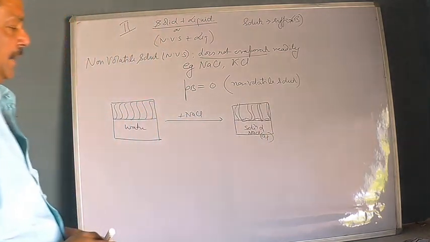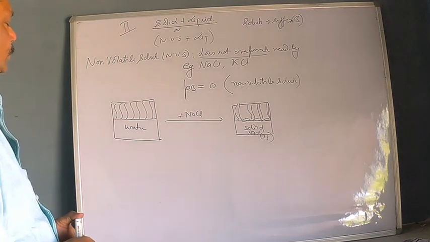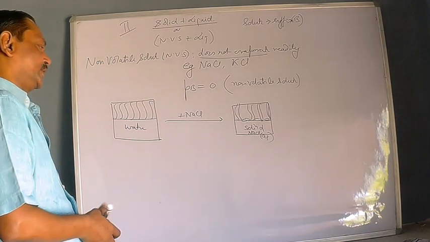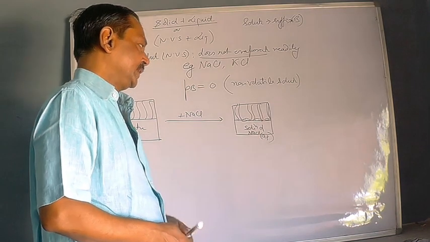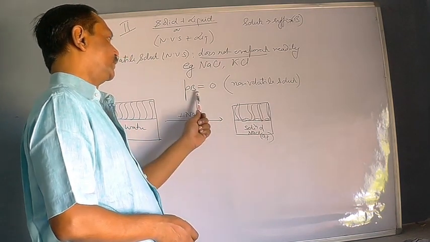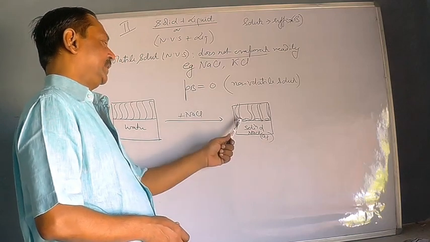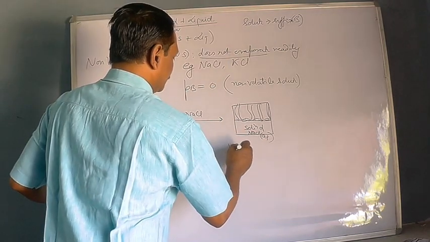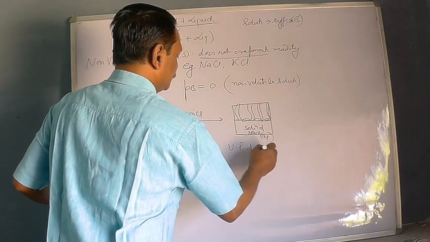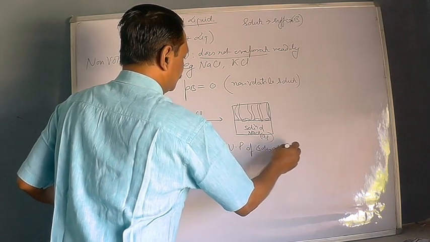So class, I repeat again, if we add a non-volatile solute to any given liquid, not only water, some solute particles are present on the surface, and they don't have their own vapor pressure. So ultimately, when we add a non-volatile solute, please remember, the vapor pressure of the solution always decreases.